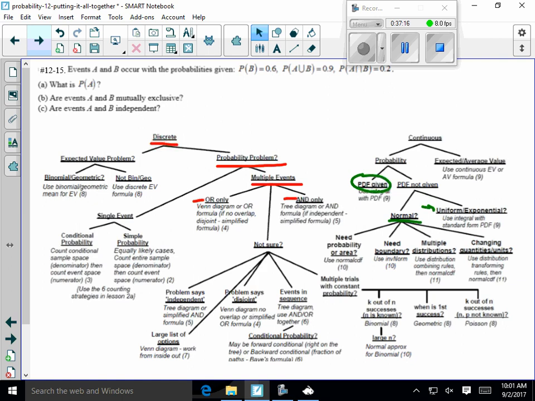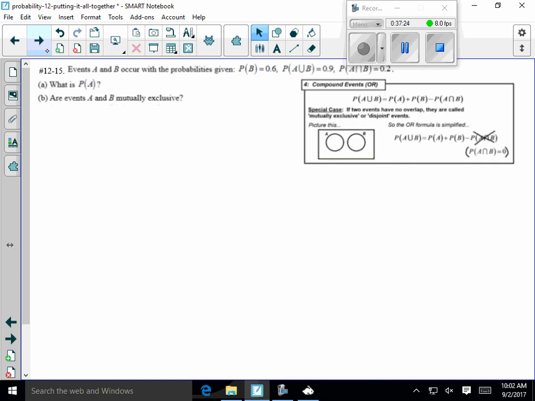We definitely have multiple events because we have event A and B, so we're talking about the OR and AND formulas. A compound event, OR formula case, we could use the OR formula, and the reason I like the OR formula is that it includes both OR and AND in one formula.